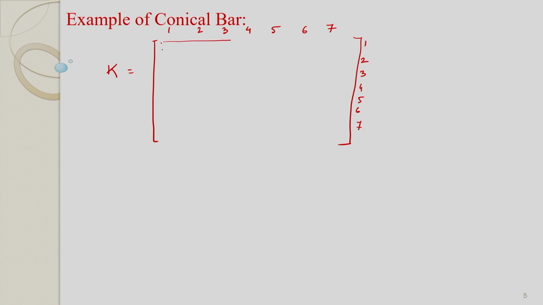So, first 1, 2, 3, this is where K1 will come, then K2 will come from 3, 4, 5, and from 5, 6, 7 K3 will come.